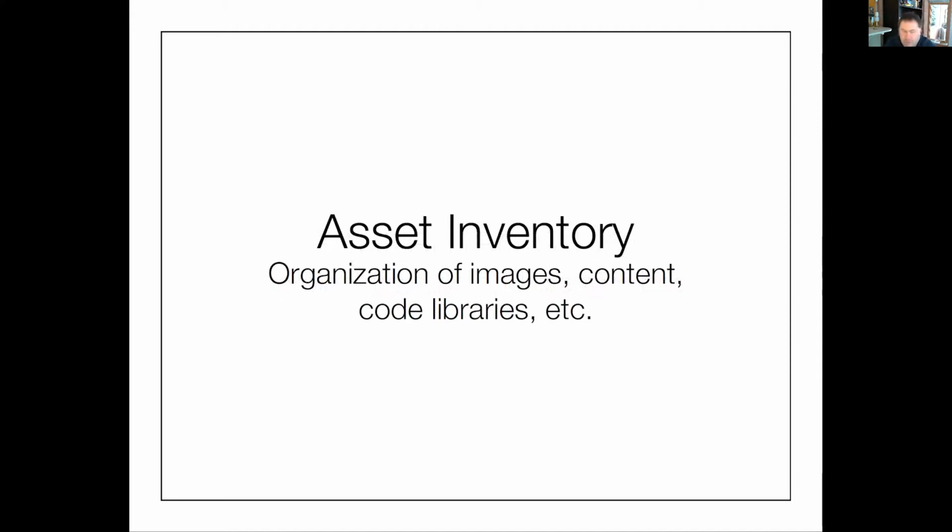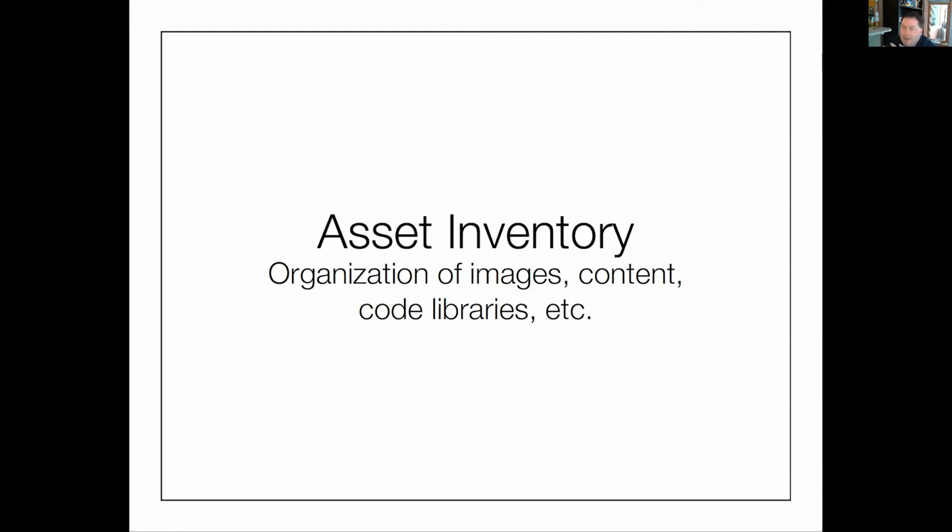The asset inventory, all right, is the organization of images, content, code libraries, etc. All right, organization in folders, and certain areas of the site, and this relates a lot towards the background, the code elements, the images that are going to be placed in there, the code files. Stuff like that all has to be organized.